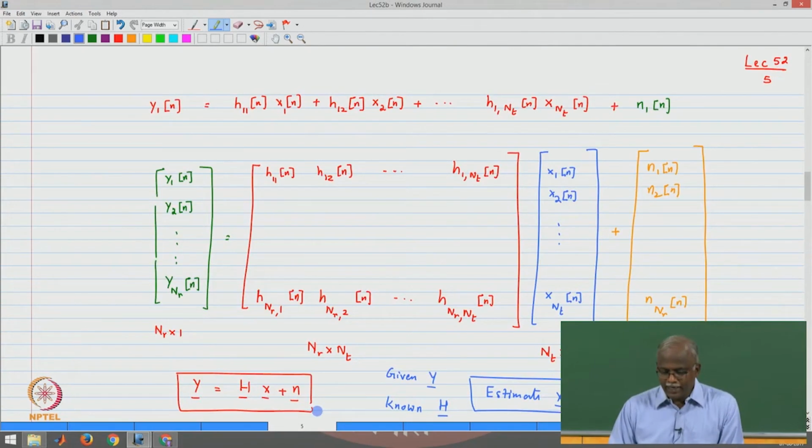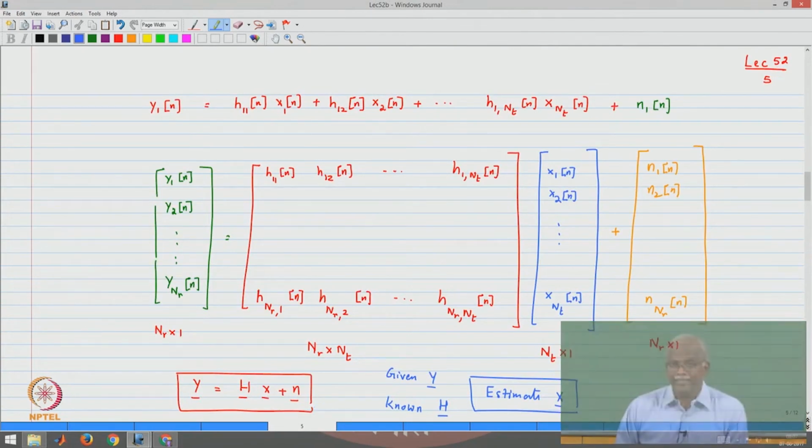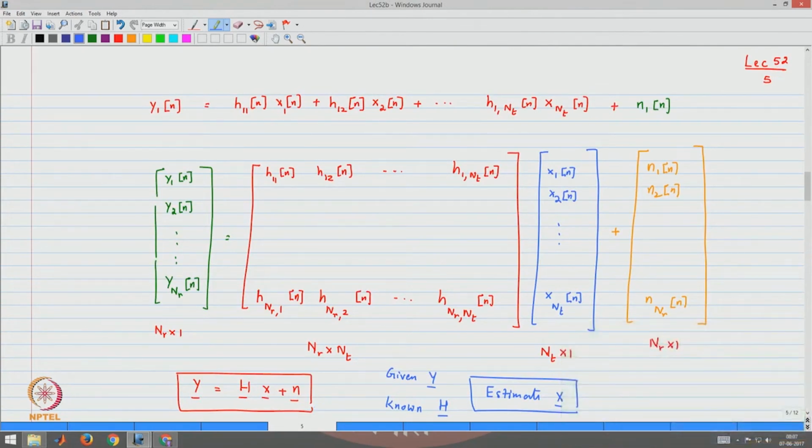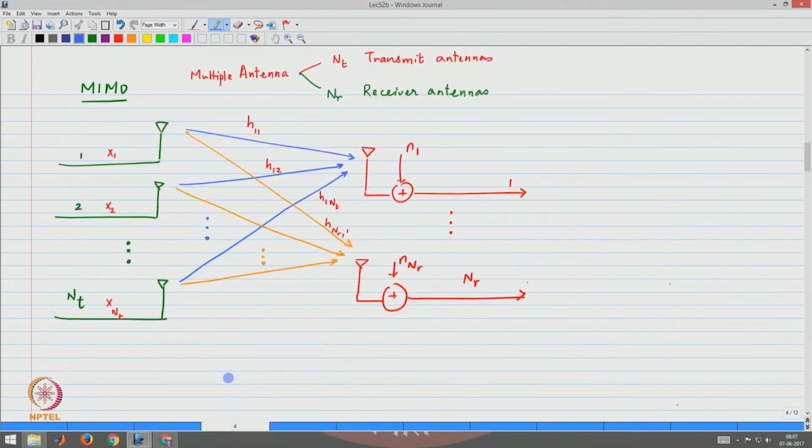So, again looking at it in the pictorial form and translating it into equations, we can write down the received signal for the first antenna as H11, which represents the transfer function between the first transmitter antenna and the first receive antenna.